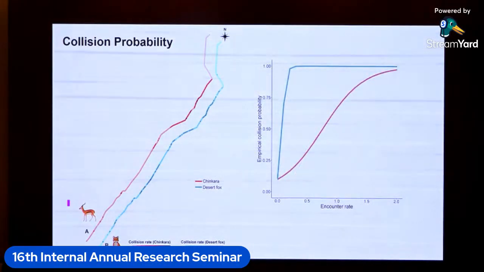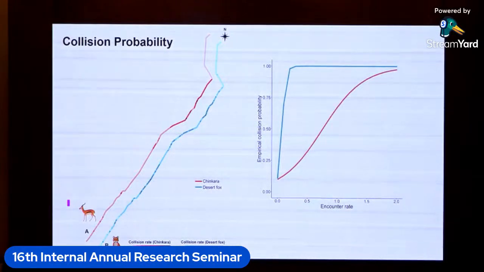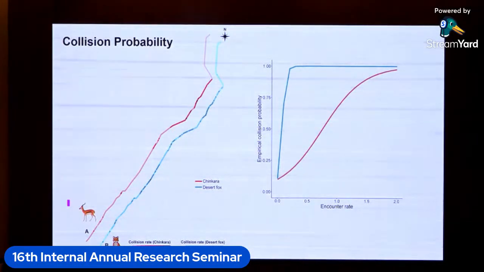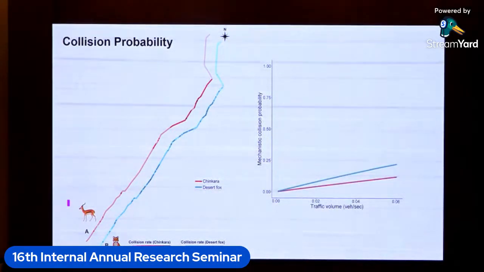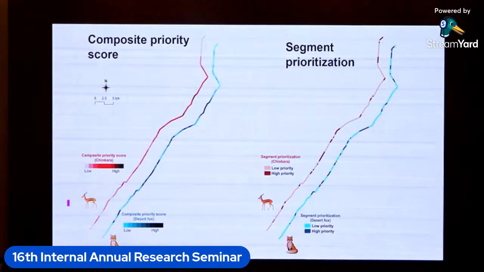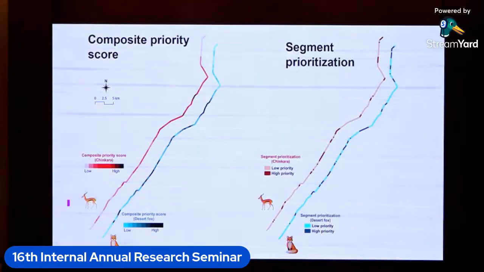In the study area, one site, Khuri, is a tourist hotspot where traffic influx changes with time. We found that as traffic volume increases, the collision probability also increases. In the end, we found a continuum of composite priority score, ranging from 0 to 1, for both species.